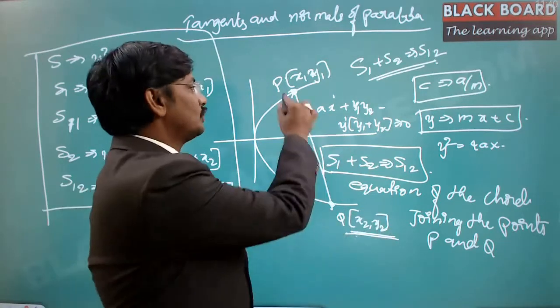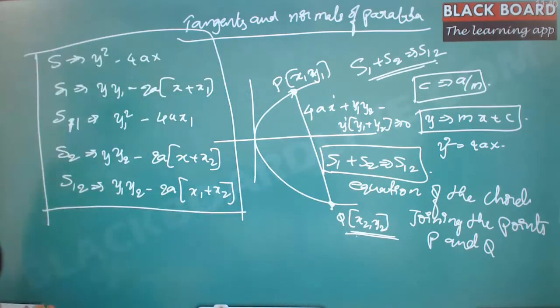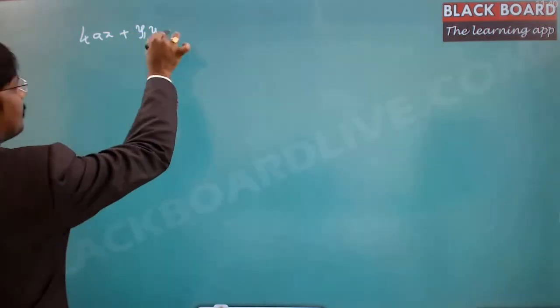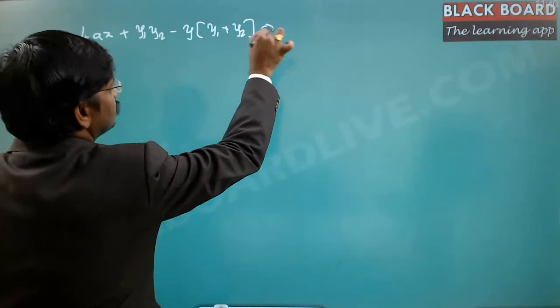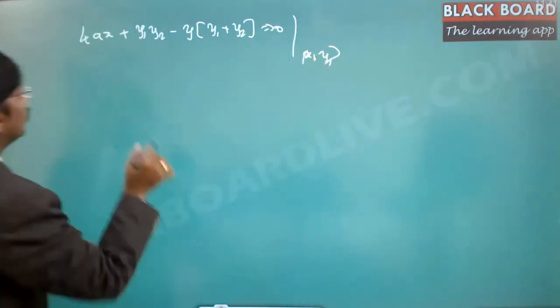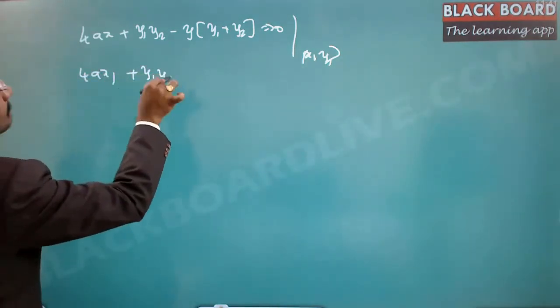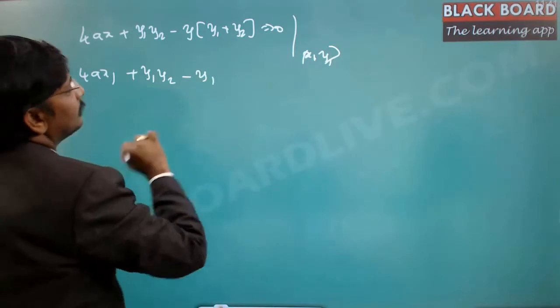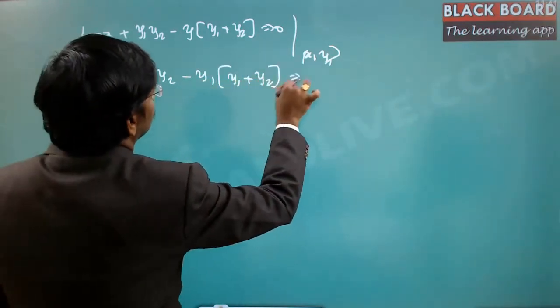Now if you substitute x1 y1 in this equation, the equation is 4ax plus y1 y2 minus y into (y1 plus y2) equal to 0. Substituting x1 y1: 4a x1 plus y1 y2 minus y1 into (y1 plus y2) equal to 0.